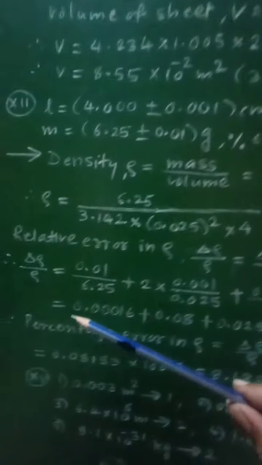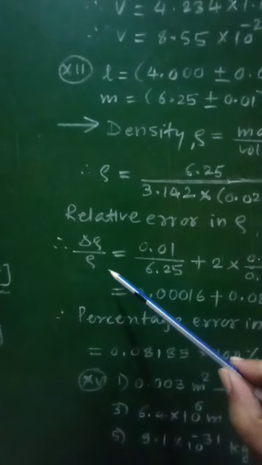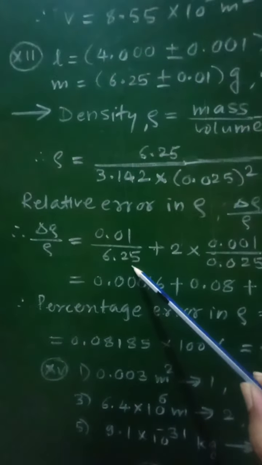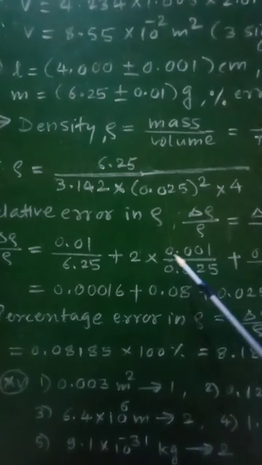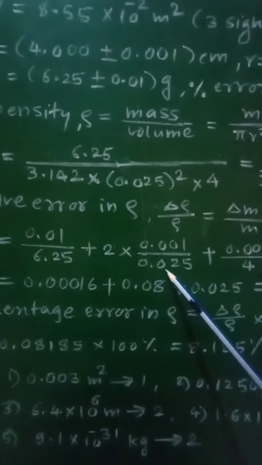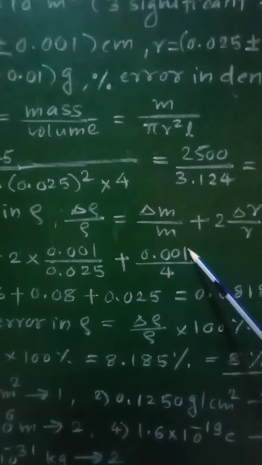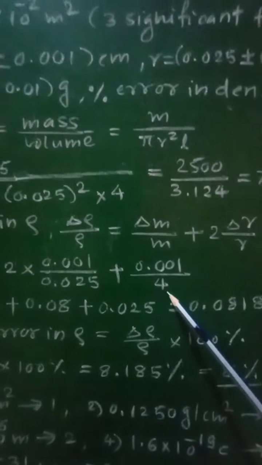Putting the values, we will get delta rho upon rho is equal to 0.01 upon 6.25 plus 2 into 0.001 upon 0.025 plus 0.001 upon 4.